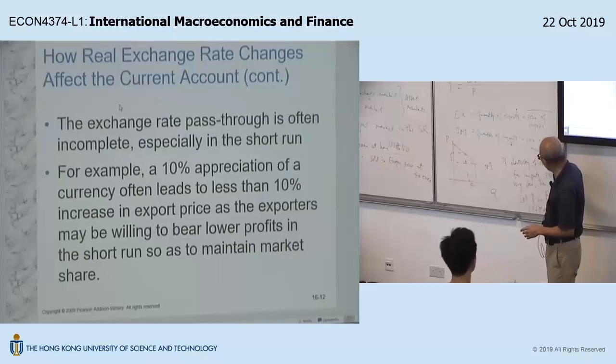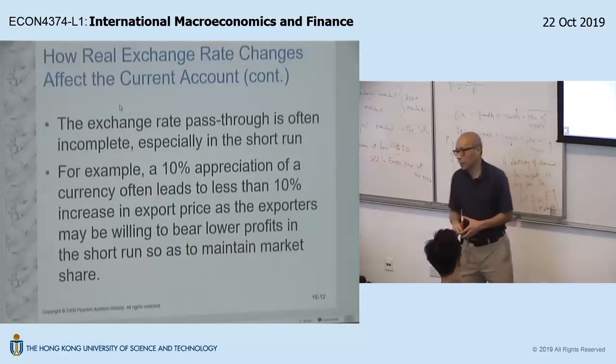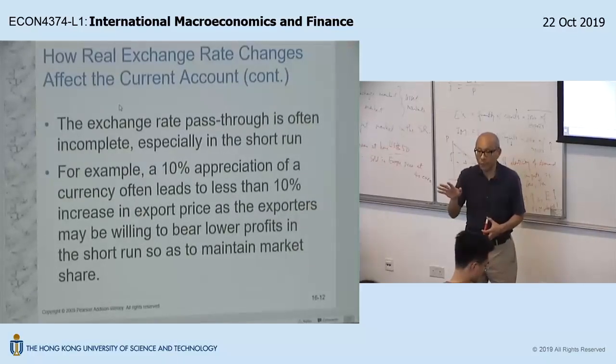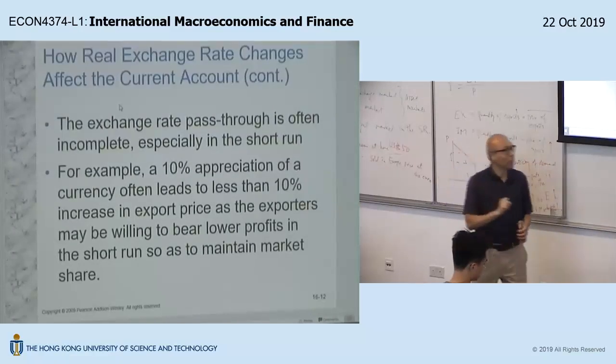It will not rise from 75 to 100, but it rises from 75 to 90. So it will have a dampening effect on the effect of a depreciation on the current account. The magnitude will be smaller.